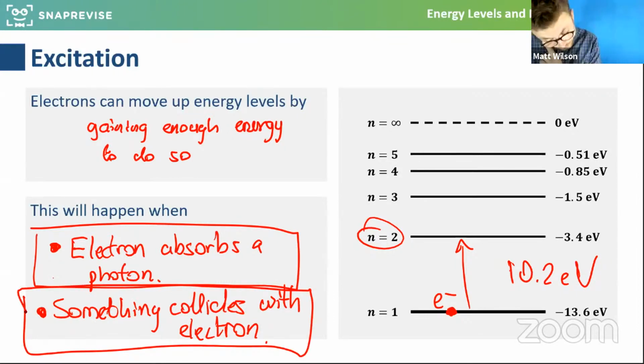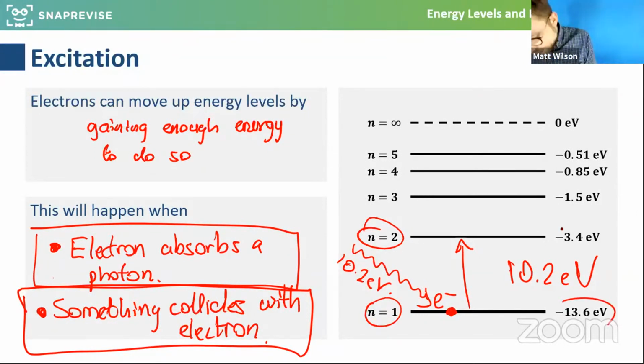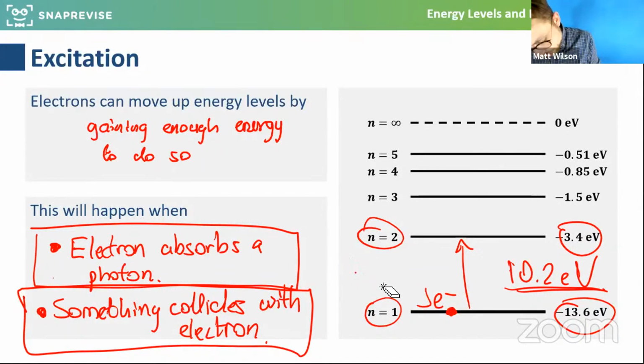What I mean by that is that if I want to get an electron to move from the ground level up to the first level, the photon that's absorbed by this electron needs to have exactly the right amount of energy, by which I mean it needs to have exactly the energy gap between the first and the second level, which is here 10.2 electron volts.